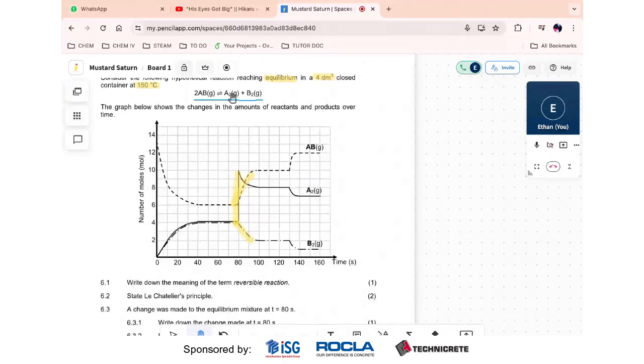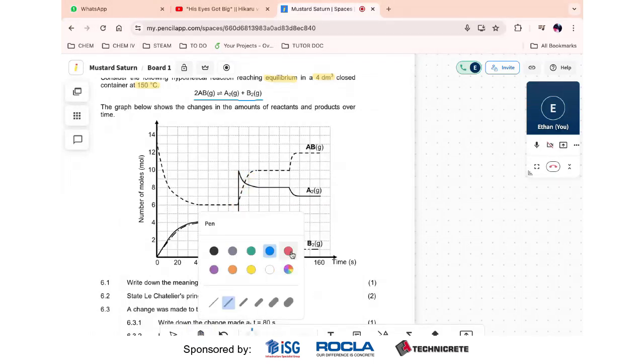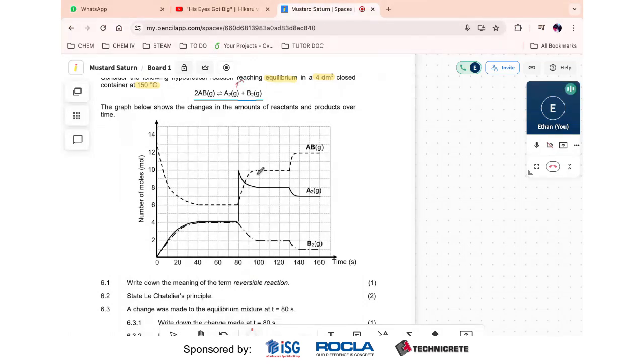If more of A is added, so A increases, the system is going to want to find a new equilibrium and counterbalance the change.